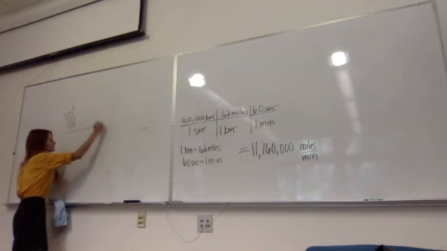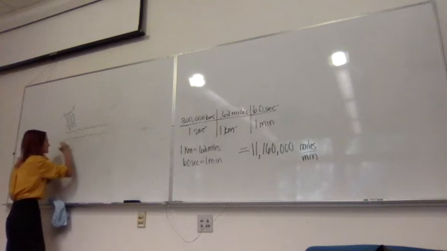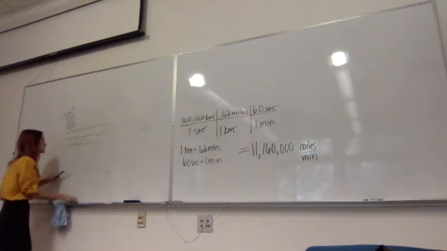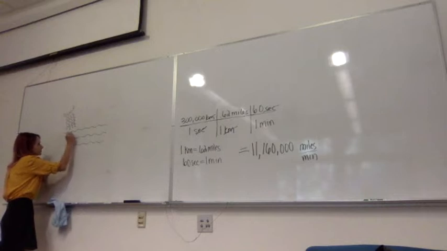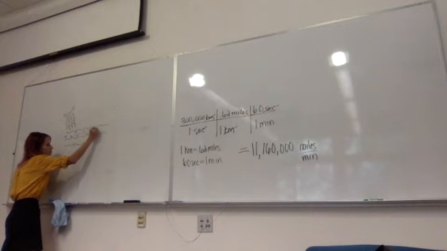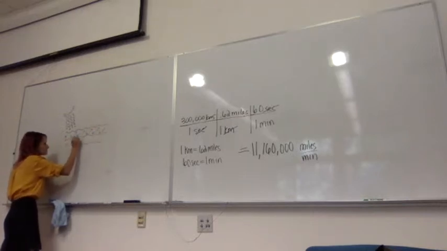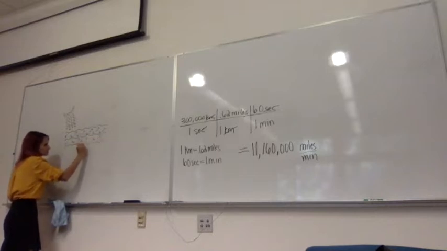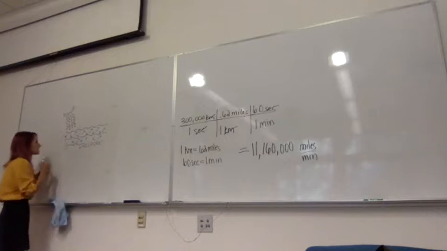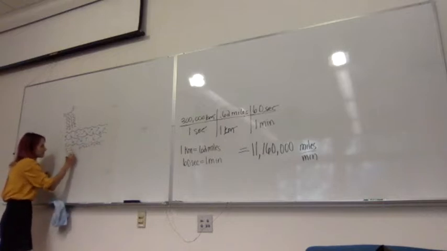It hits the atmosphere and the blue gets scattered, so the blue starts going all sorts of ways. And then everything else just comes down in a line.